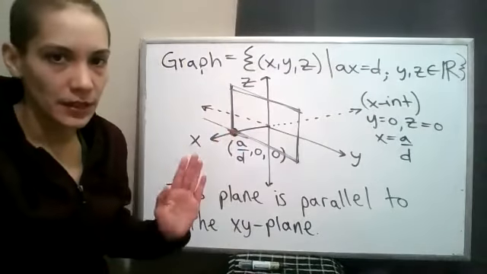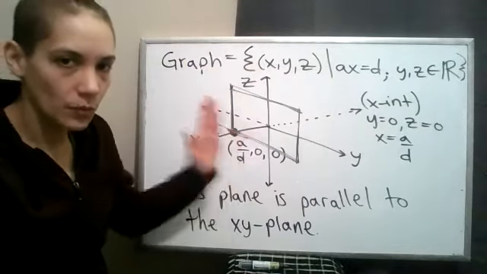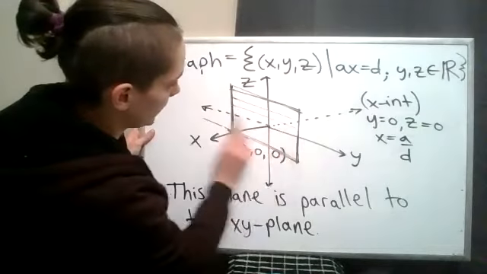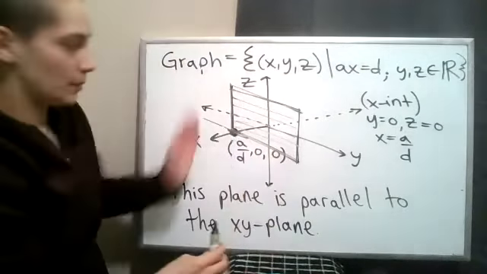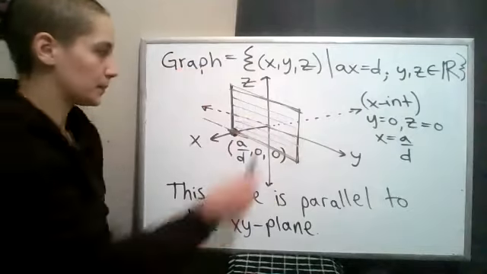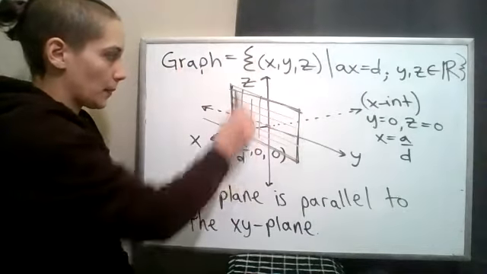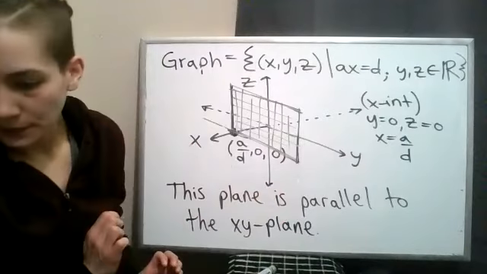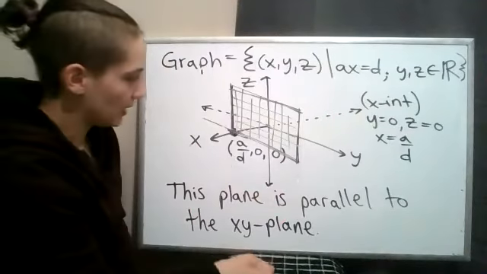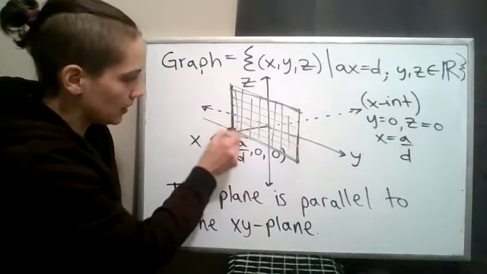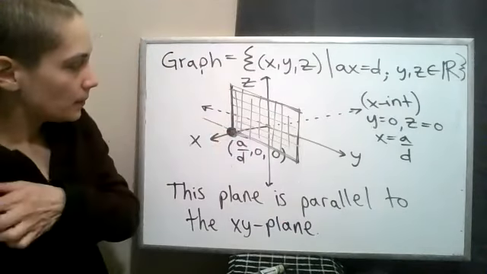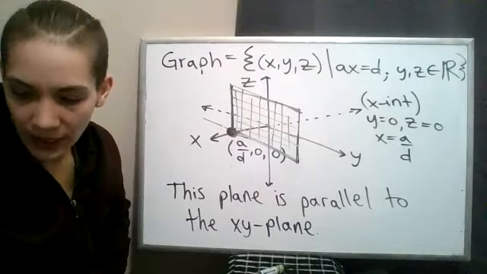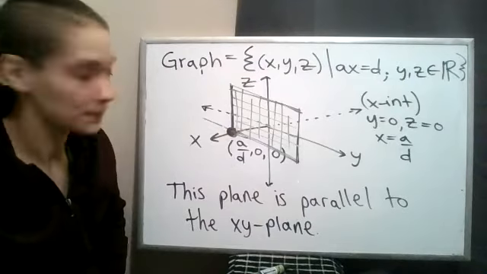I think it helps to do a little cross hatching, so lines parallel to the y-axis, some parallel to the z-axis. That's my plane. And again, there's my intercept. Okay, we are going to do the plane by equal to d.